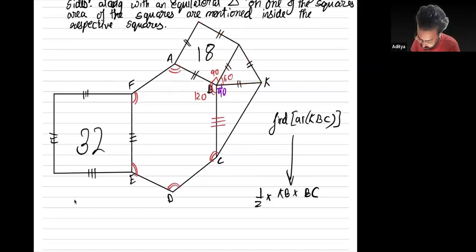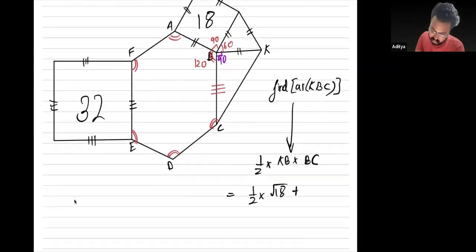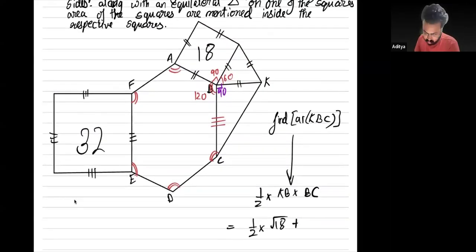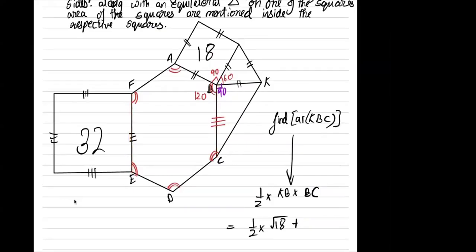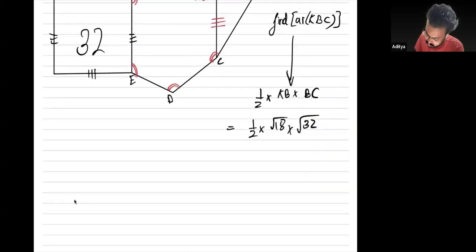So you can write this as half of root of 18 times BC, which is equal to this opposite side length FE, which is root of 32. This gives us finally half of root of 18 times 32.